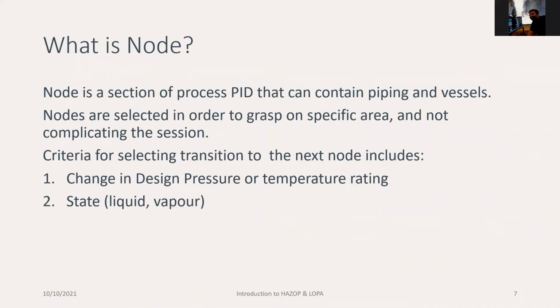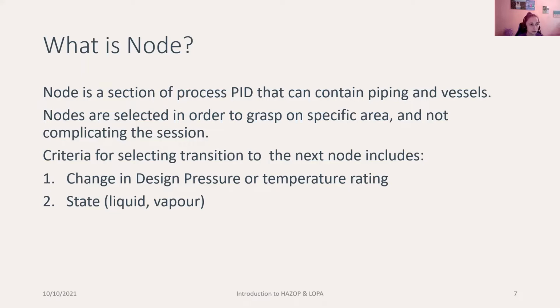As I previously said, a node is a section of the process P&ID that can contain piping and vessels, reactors, separators, exchangers, etc. This is done in order to focus on one specific area, not complicating the study and not complicating the session. Thus, sometimes you can see that nodes are too small or too big.